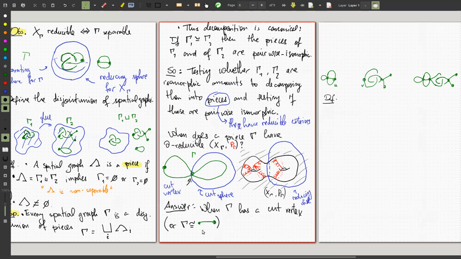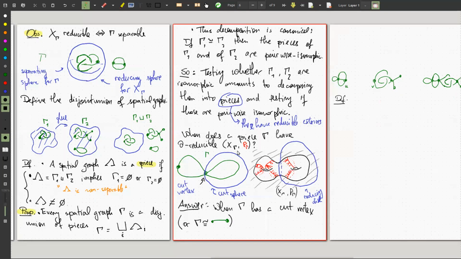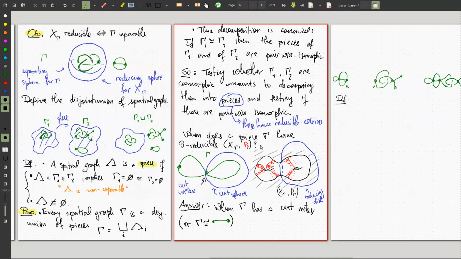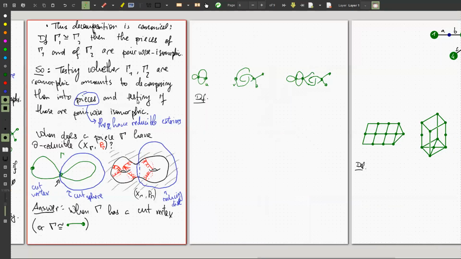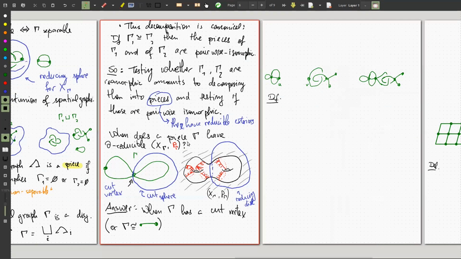Maybe I was a bit confusing, but you can always recognize this effect on vertices except for this case. We treat this case separately. It's a special case in our paper, and it's easy to deal with, but you have to treat it separately.